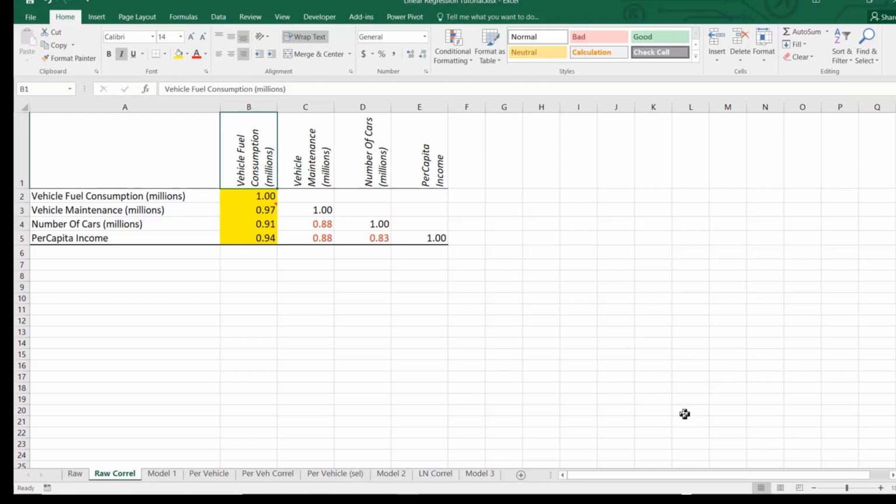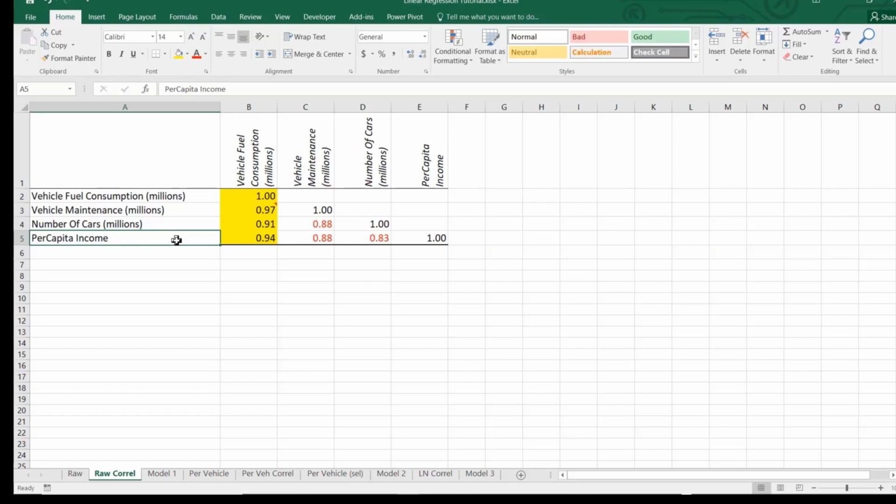And here you can see that there is a substantial amount of correlation between each predictor, vehicle maintenance, and the other predictors, number of cars and per capita income. So vehicle maintenance has a correlation of 0.88 with number of cars and per capita income, while number of cars has a correlation of 0.83 with per capita income.